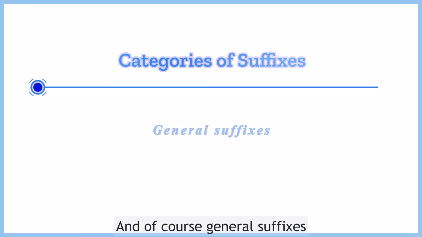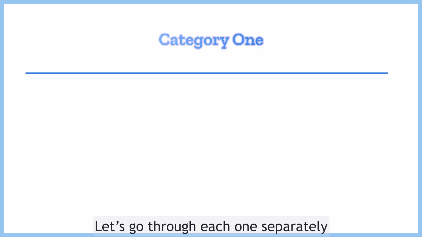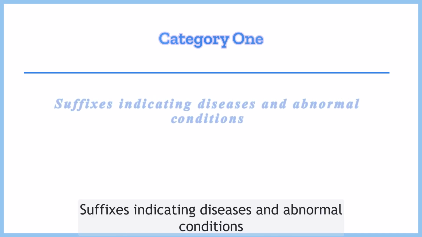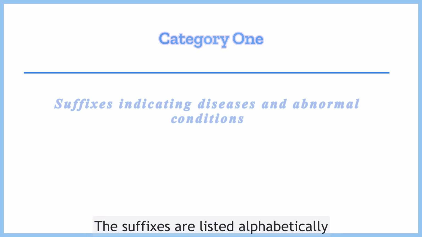And of course, general suffixes. Let's go through each one separately. We begin with the first category, which is suffixes indicating diseases and abnormal conditions. The suffixes are listed alphabetically.